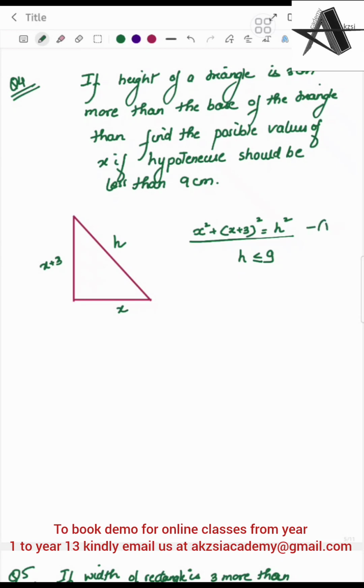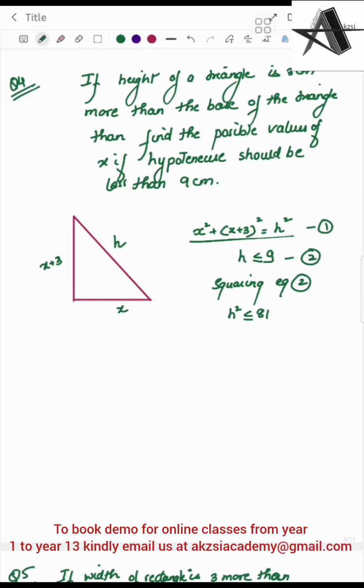These are two: one is an equation, one is an inequality. I need to make them the same. Now focus. In our equation it's h squared. That's why I need to make h squared. So what I'm doing, I'm squaring equation 2. Squaring equation 2 will give me h squared less than or equal to 81.